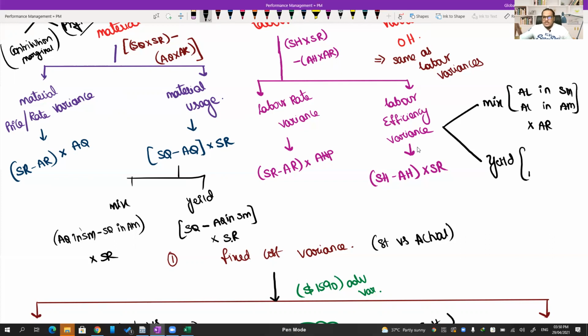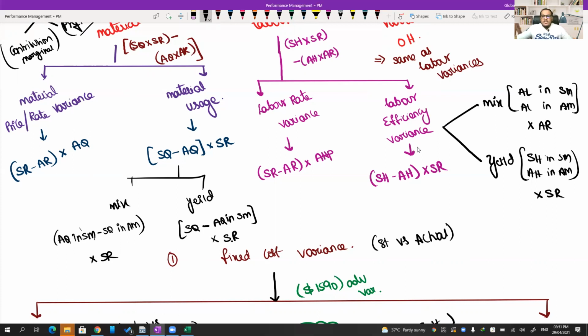So standard labor in standard mix minus actual hours in actual mix. Yeah, that makes more sense. So I'm going to change this to actual hours into the standard rate. So look at this very carefully. Now you should be able to comprehend it much better.